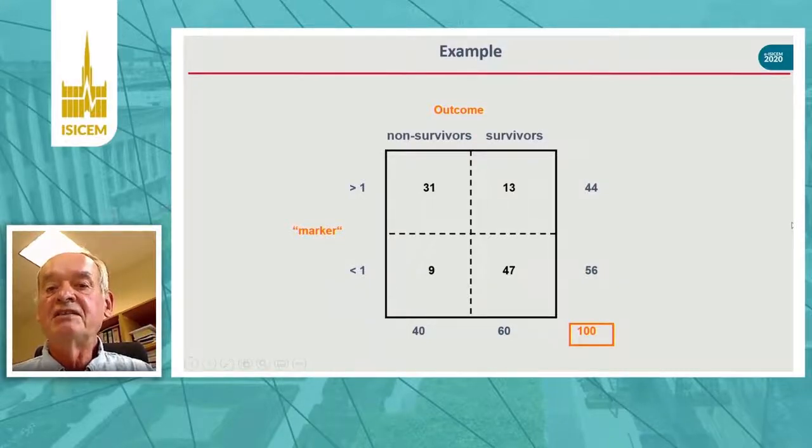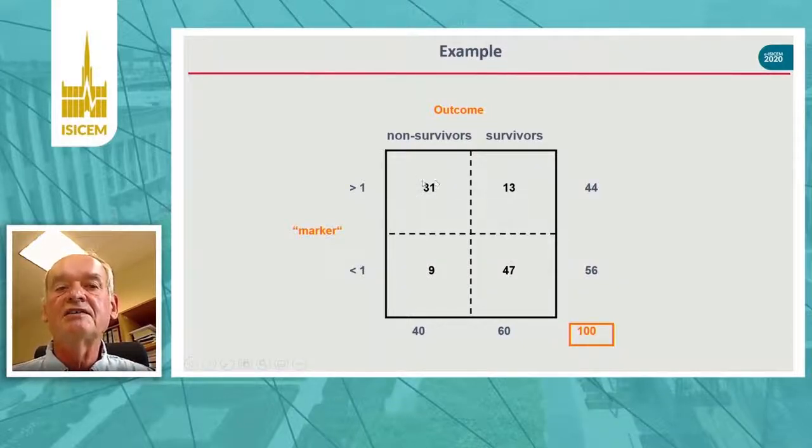And just coming now to the first example, I just put in here a 2x2 table. Let's say you have a biomarker which is declared as positive if it's above 1 and negative if it's below 1. You have 100 patients, and of these patients, 40 don't survive, 60 survive, and here you see the distribution. Well, on the first view, there seems to be an association.